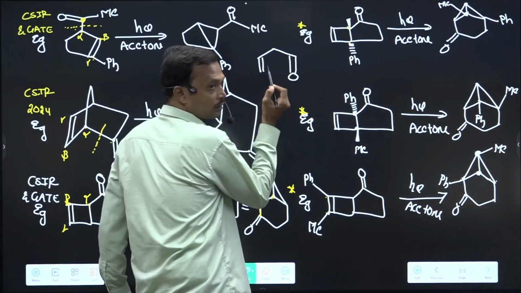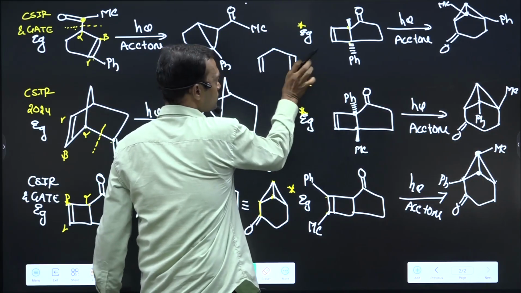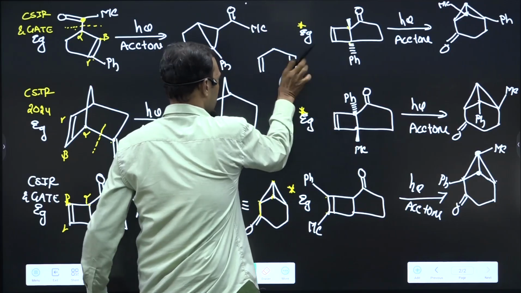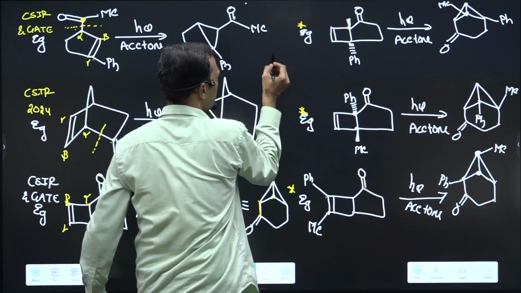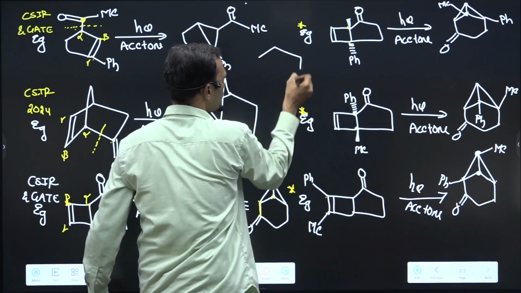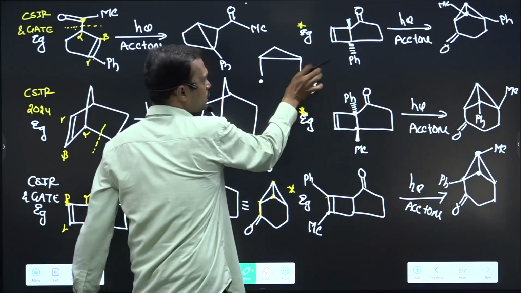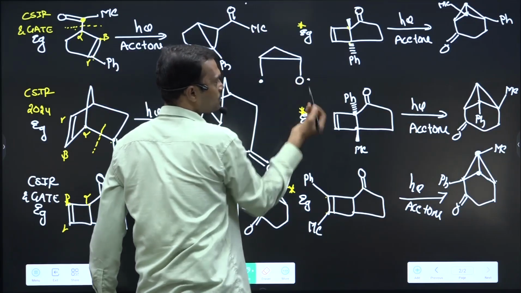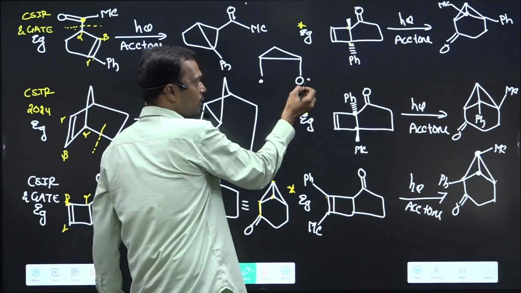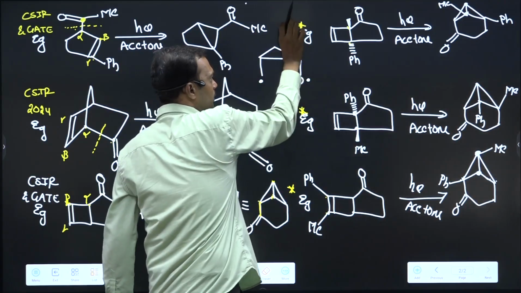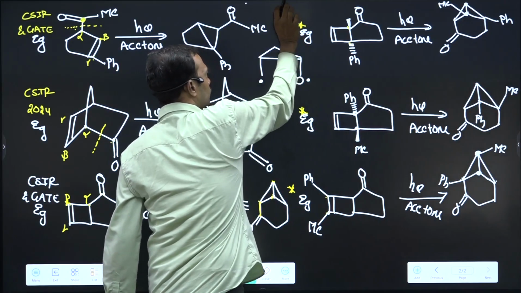Here what I have written is carbonyl. So what is the intermediate? If a double bond is present, what is the intermediate here? Two double bonds are present. These are the intermediates or not? Suppose a carbonyl is present, what is the intermediate? Oxygen with this. Now wherever oxygen carries a radical, that is found to be unstable.